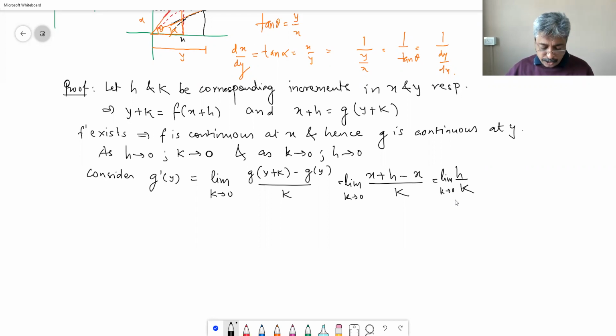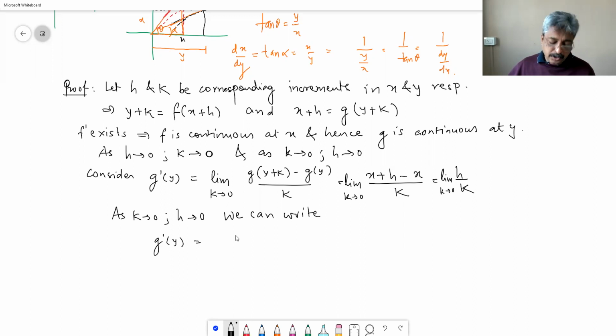Now as k approaches 0, h tends to 0, so we can write g dash of y is equal to limit h tends to 0, 1 upon k by h. And this is what I had done there also. So you just take the reciprocal of that here. This is acceptable because you are changing the limit from k tending to 0 to h tending to 0 here.